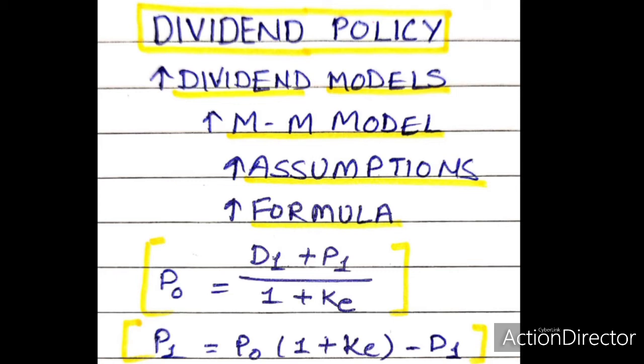The number of shares issued at the end of the period, which is m, can be calculated by the following formula. m equals (I minus (I minus nD1)) whole divided by P1. Here D1 stands for dividend to be paid at the end of the period.